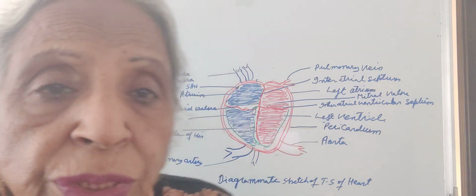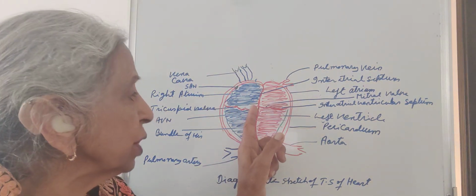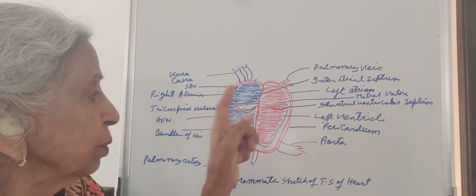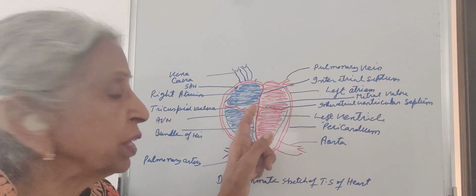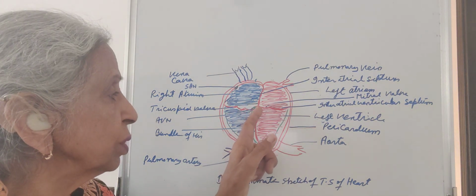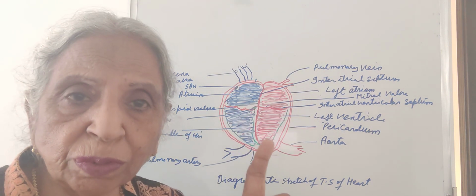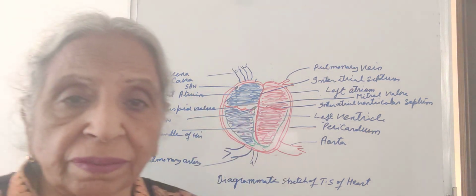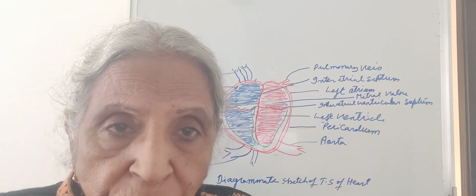Another patch of nodal tissue is present on the lower left side of the right atrium, near the ventricle, at the interventricular septum. Do you follow my point? This is called the AVN, atrioventricular node.